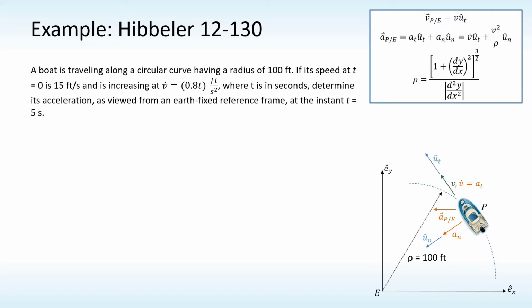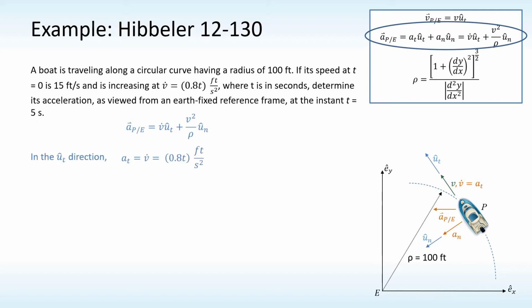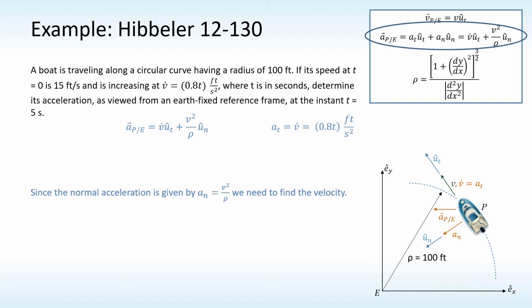We're asked for acceleration, so let's use the acceleration equation associated with normal tangential components. We were told that v dot is 0.8 t, and that is the tangential acceleration. We will need that again, but I'm going to set it aside for now so we can work on the normal component of acceleration.